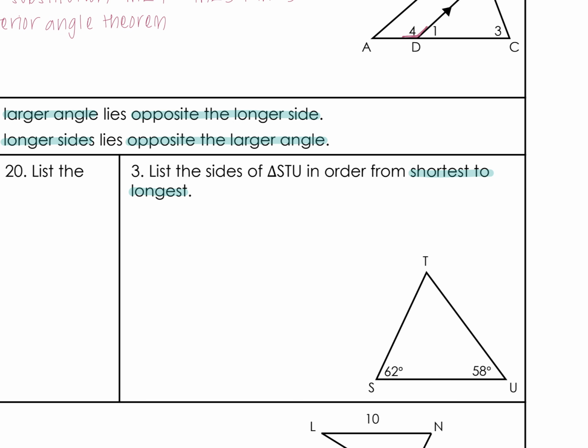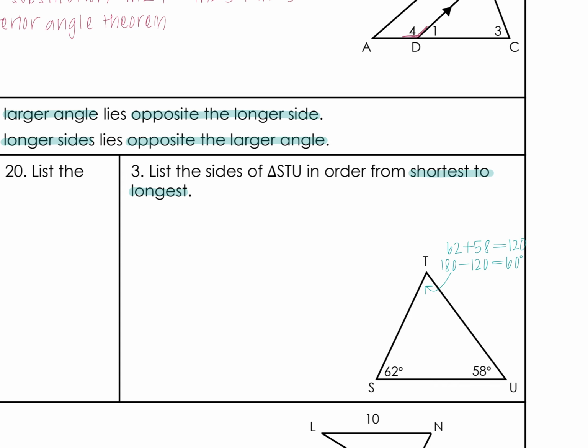All right, so real quick, I'm going to just start off by finding this missing angle here, this angle T. So to do that, I'm going to add that 62 and that 58 degrees. And I'm going to get 120. And then when I subtract that from 180, the sum of my interior angles, I'll be left with a 60-degree angle here.